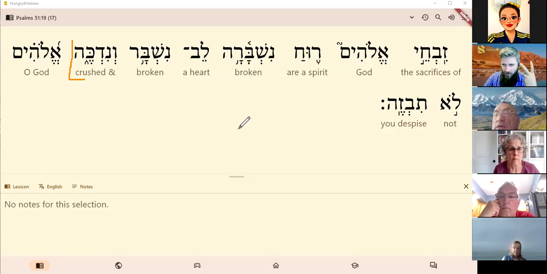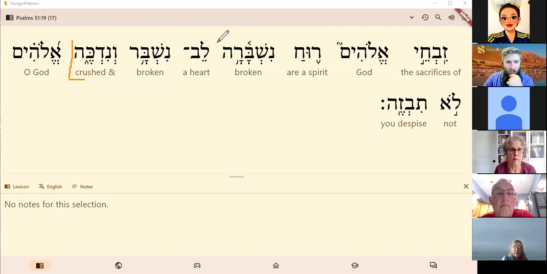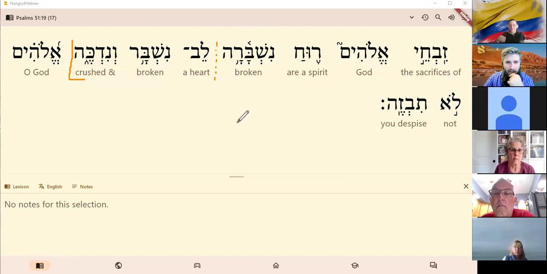Just from context, if we don't necessarily know the cantillation marking system 100%, where do you think would be a good place to split it further? Any other takers? Is it where ruach is? No, that's it. I really want to put one here. Why? I really want to put one here.